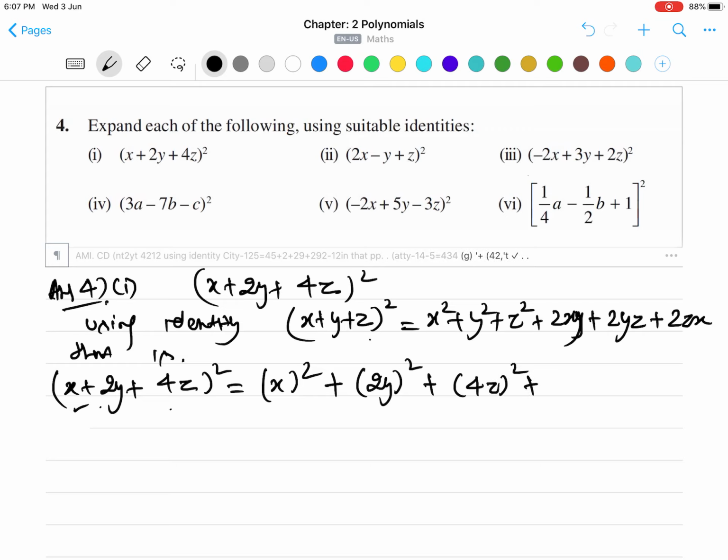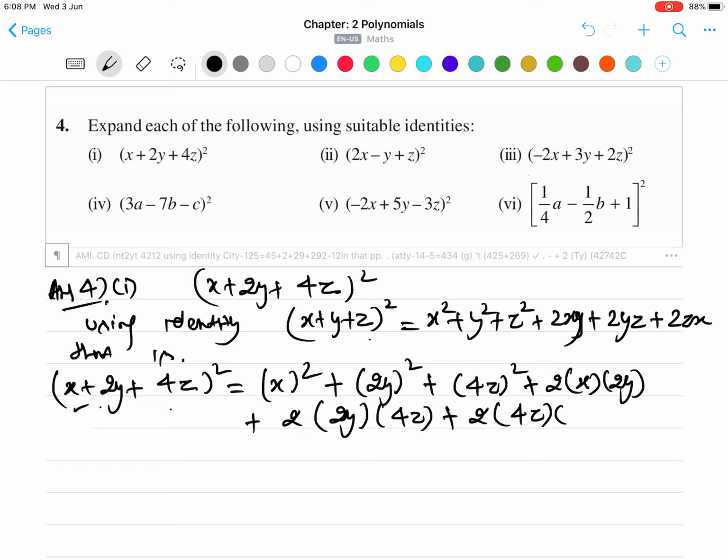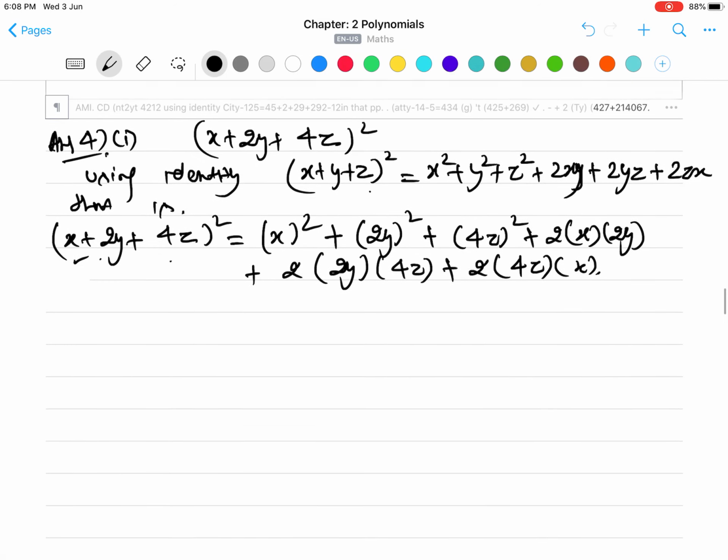Then we have plus twice of xy, x is x and y is 2y, then plus twice of yz, y is 2y and z is 4z, then plus twice of zx, z is again 4z and x is x.